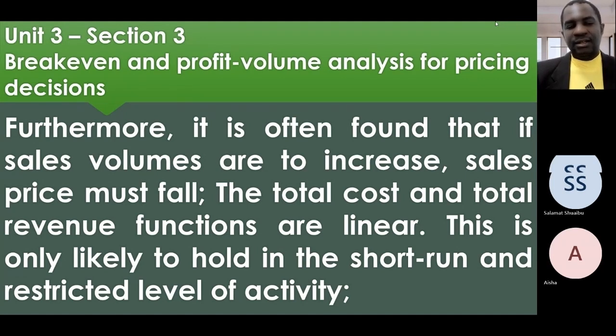So how much you sell will determine what revenue you generate and also what cost you incur. That is what it means by the linearness of your cost and your revenue. Take note of that, and it's likely to hold in the short run, because in the long run you may not be able to predict what will happen due to internal and external business factors.